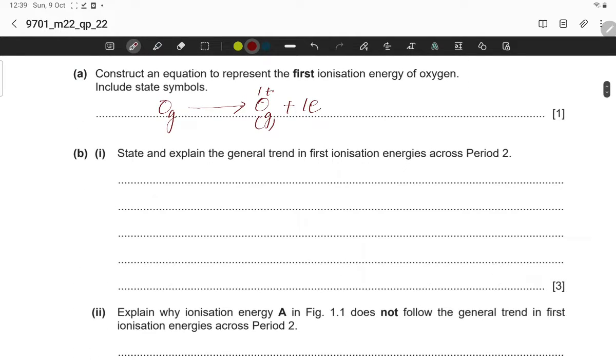So, first mark: ionization energy across period 2 is increased. So this is carrying 1 mark.